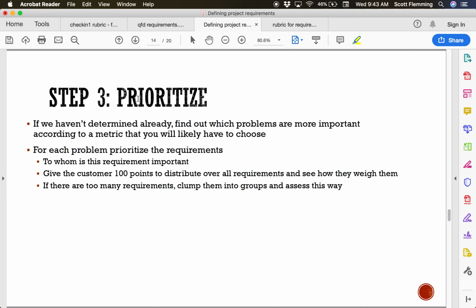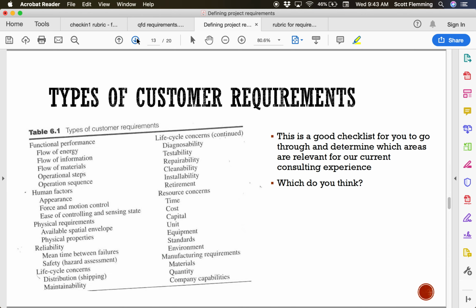Prioritize. Once you come up with a bunch of different metrics and you find a bunch of valid requirements, take a step back. You've defined the problem. You've done a little bit of data collection, Pareto analysis.